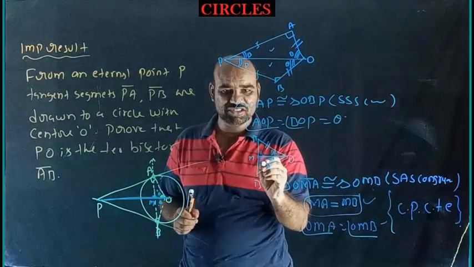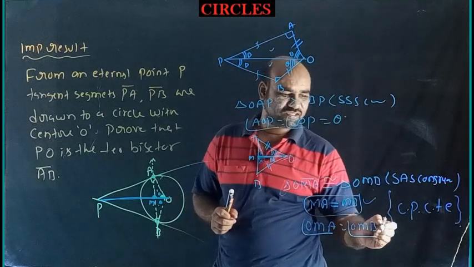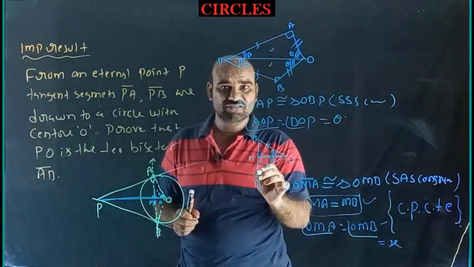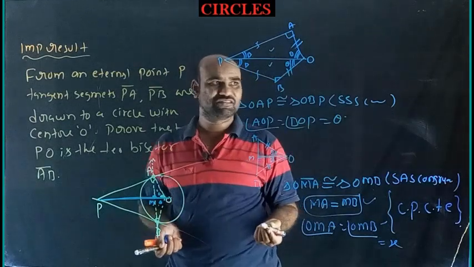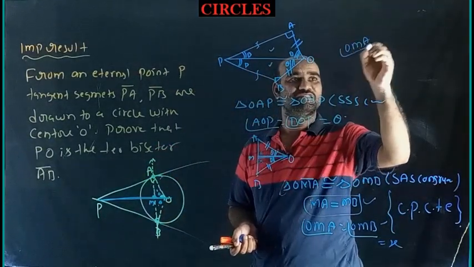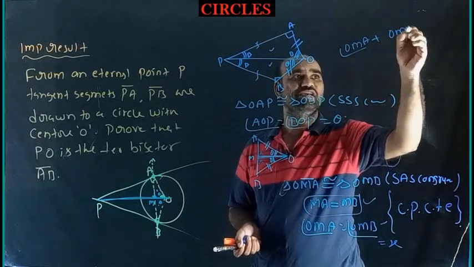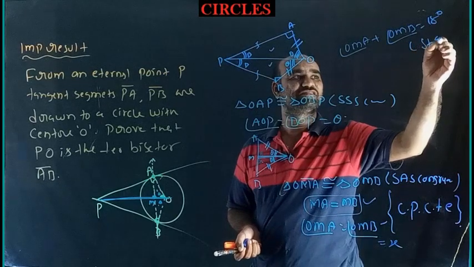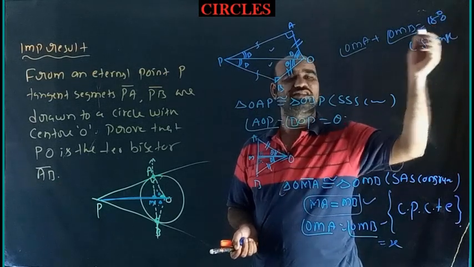Say this is X, means this is also X. Let it be X. But this is a straight line, no? X plus X is 180. I want to write here angle OMA plus angle OMB equal to 180, since straight angle, or you can say sometimes linear pair.